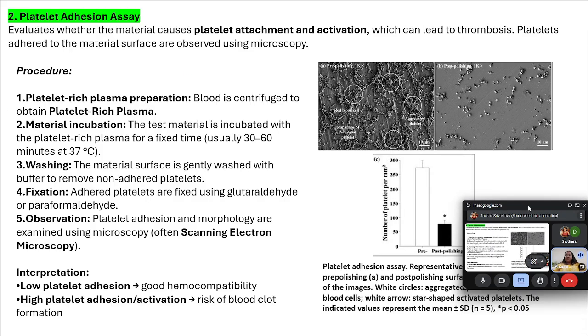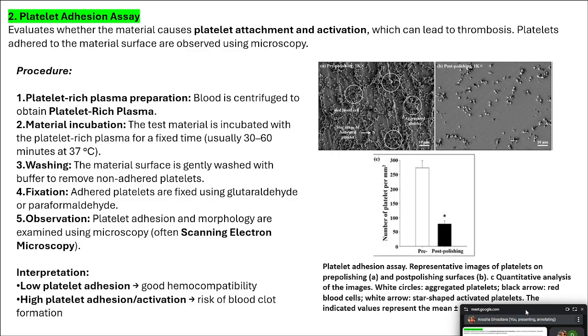The next method is the platelet adhesion assay. It evaluates whether the material causes platelet attachment and activation, which can lead to thrombosis. Platelets adhering to the material surface are observed using microscopy, as you can see here. If your material is causing platelet adhesion, then it's not good.